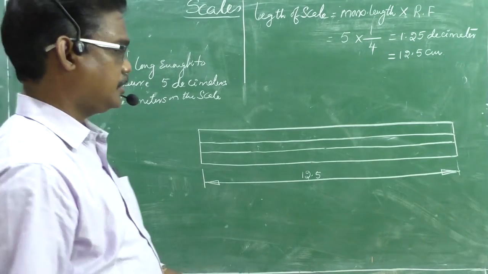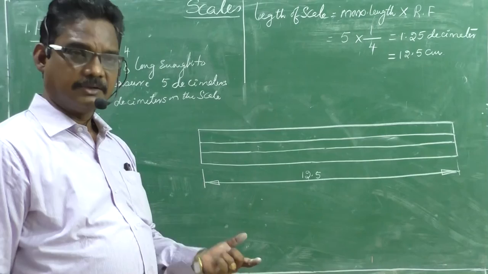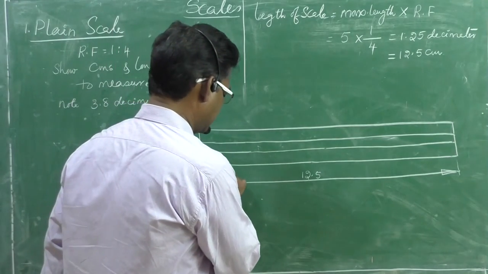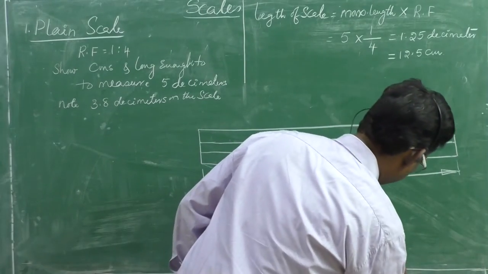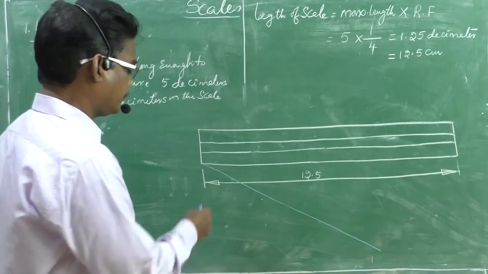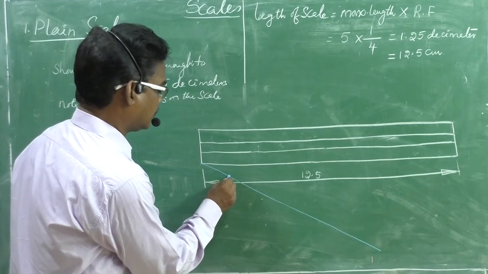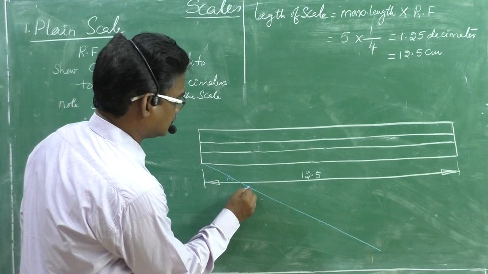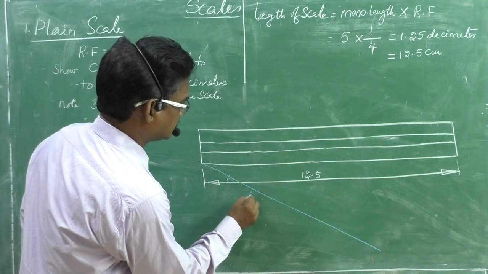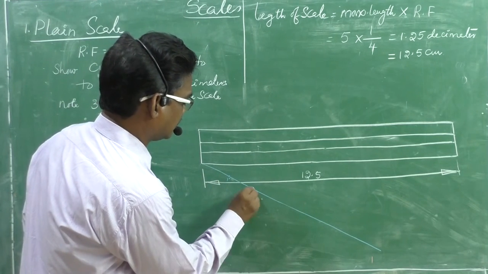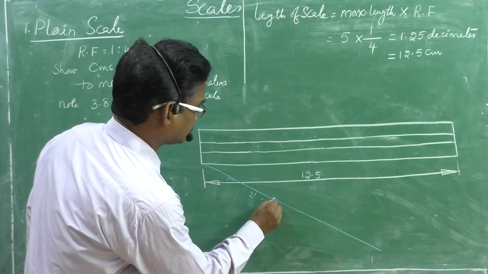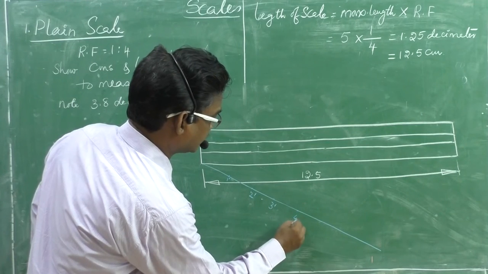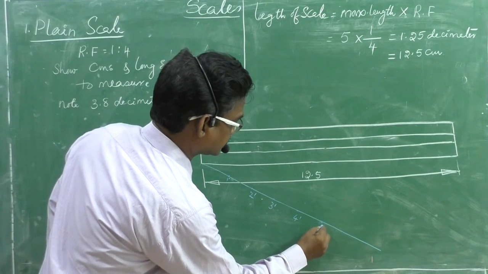You know how to divide a given line into a number of equal divisions. By considering that method, this is an inclined line, and consider 5 equal divisions on this. This is 1 dash, this is 2 dash. These divisions must be equal, any length, but it should be equal. 3 dash, 4 dash, and 5 dash.